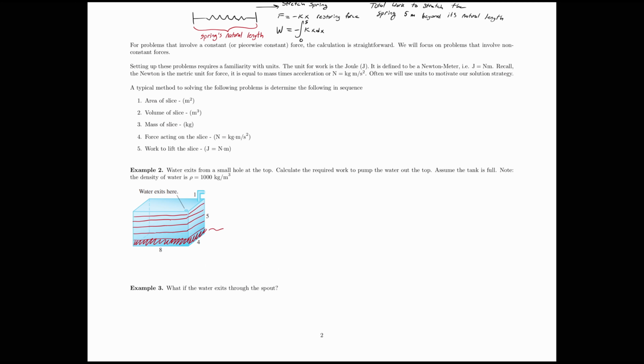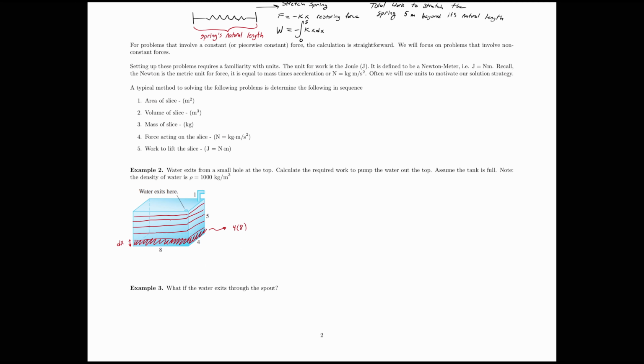Well, we would have to take the dimensions here, which are 4 by 8. And then we'd have to think about what's this thickness. Well, it depends on how many little slabs we break this up into. This is going to be, let's just call this dx.